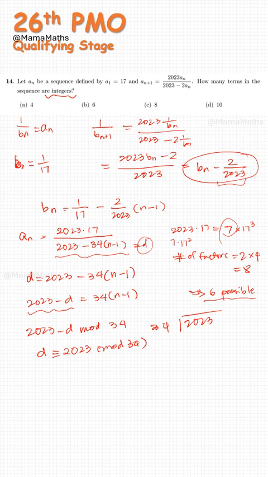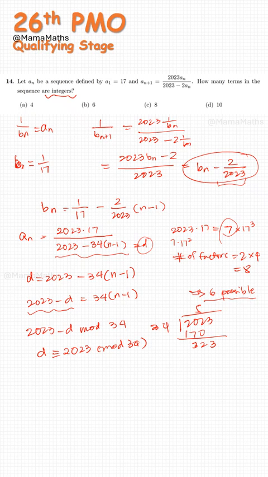Approximately 5. 5 times 34 is 170, and what's left is 323.